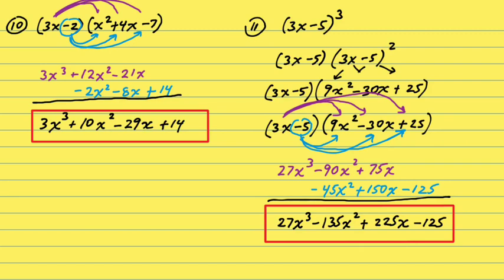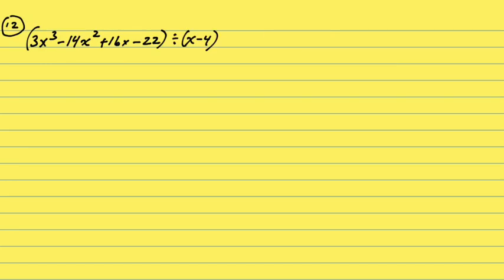Okay, we've done some addition, some subtraction, some multiplication. I assume division should be coming, so here's some division. This one, you'll notice, has an integer solution. Because it has an integer solution, that lends itself to synthetic division.